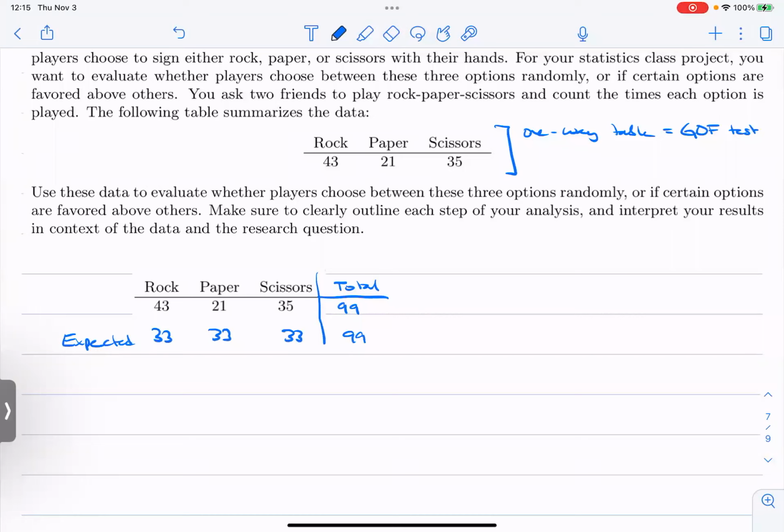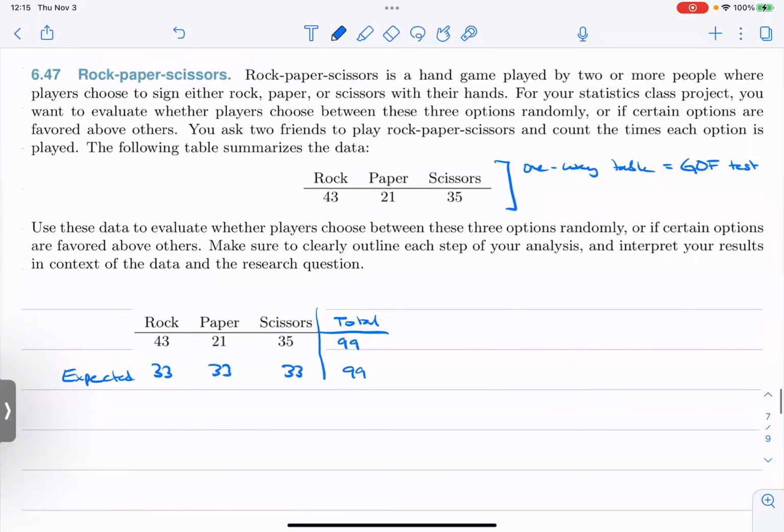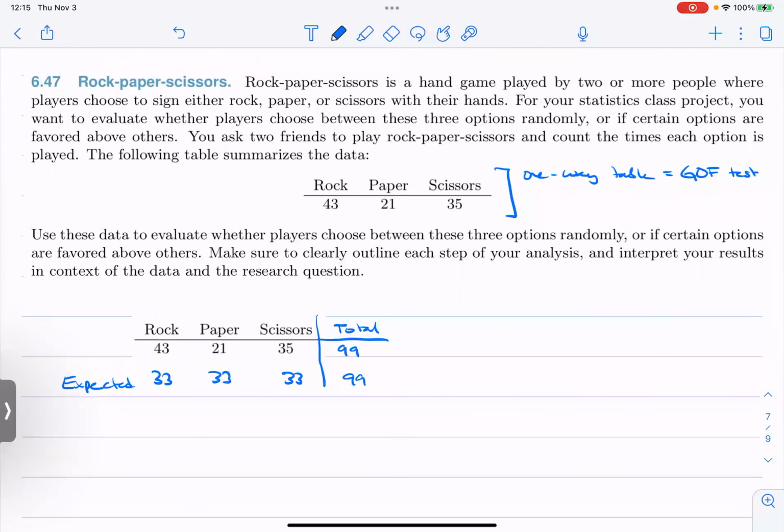So it's not in there, but it kind of is, and sometimes we have to reach for it a little bit. So if the signs are chosen randomly, we would expect a uniform distribution.